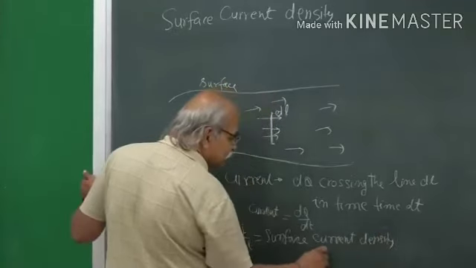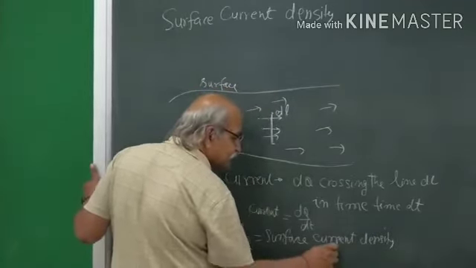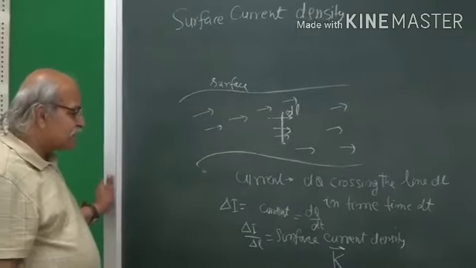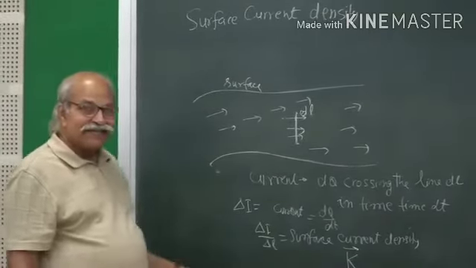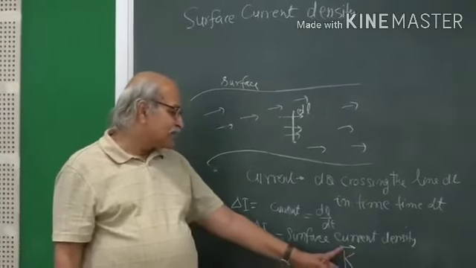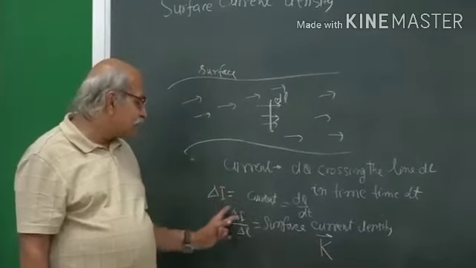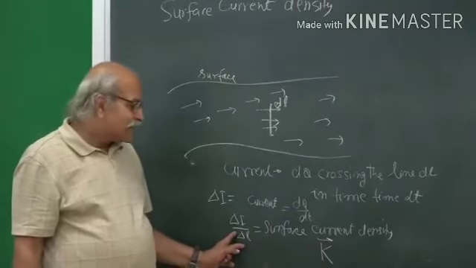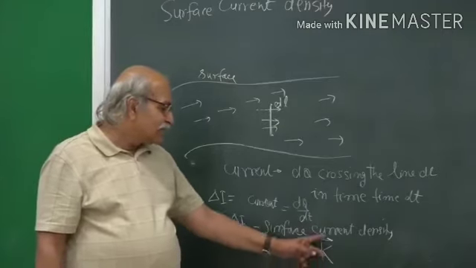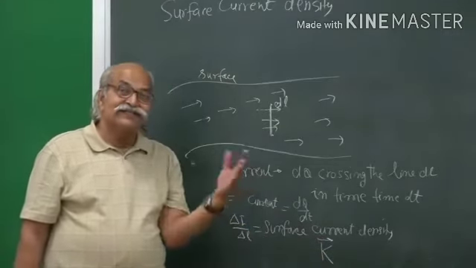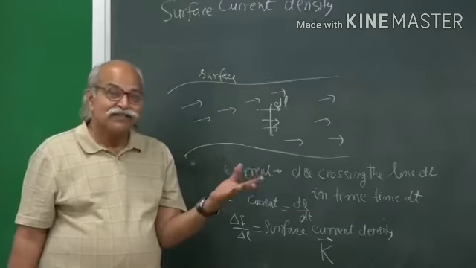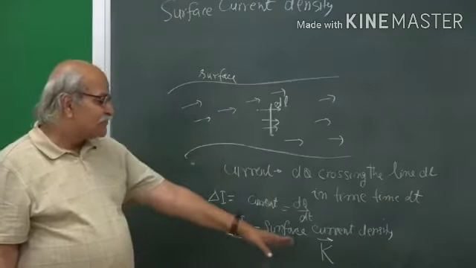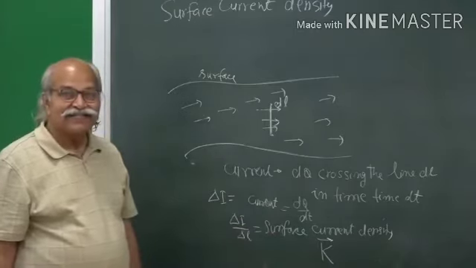And the symbol which we will use for surface current density is capital K. The magnitude of K is current divided by the length that you have taken to calculate the current, and the direction of K is the direction in which the charges are moving. If they are positive charges; if you have negative charges, then opposite to that. So, that will define your surface current density.